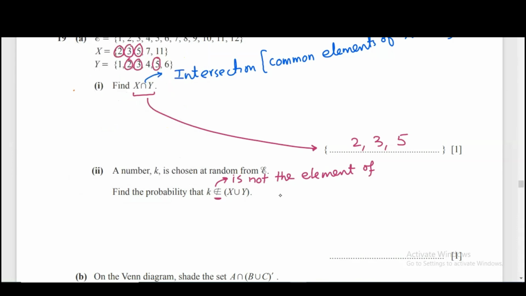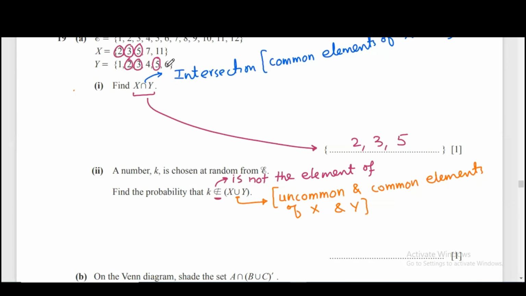Union means unite, or we can say X union Y is the set which has all the uncommon and common elements of the sets X and Y. In part 1, we marked the common elements of sets X and Y. So the uncommon elements are 1, 7, 11, 4, and 6.